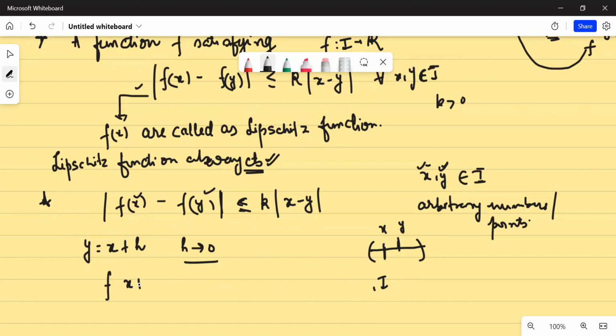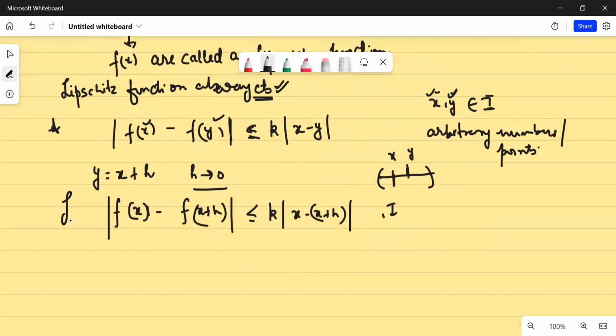So x will remain as it is. It will come as mod of f(x) minus f(x plus h) is less than or equal to k times mod of x minus (x plus h). And I'm writing this with the limit h tends to 0. Is that clear?